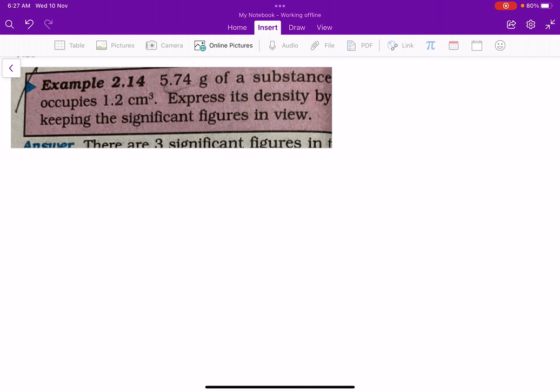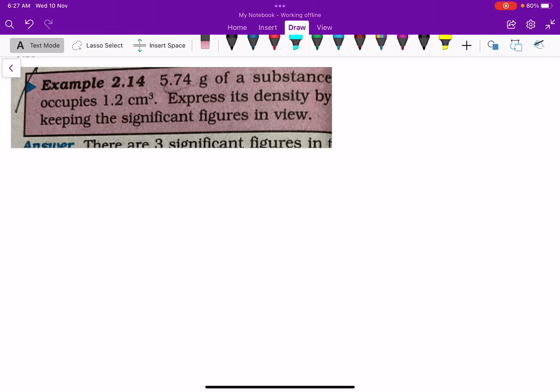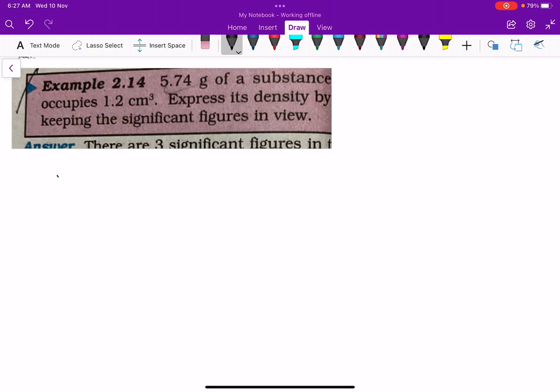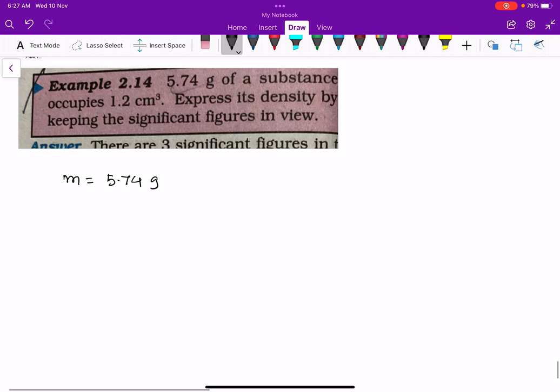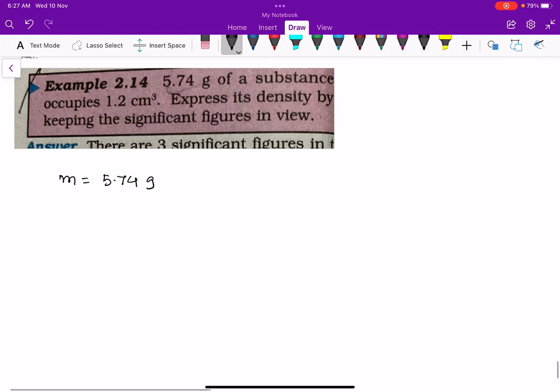5.74 grams of a substance occupies 1.2 centimeter cube. Express its density keeping in view scientific notation. So mass is equal to 5.74 gram, right.